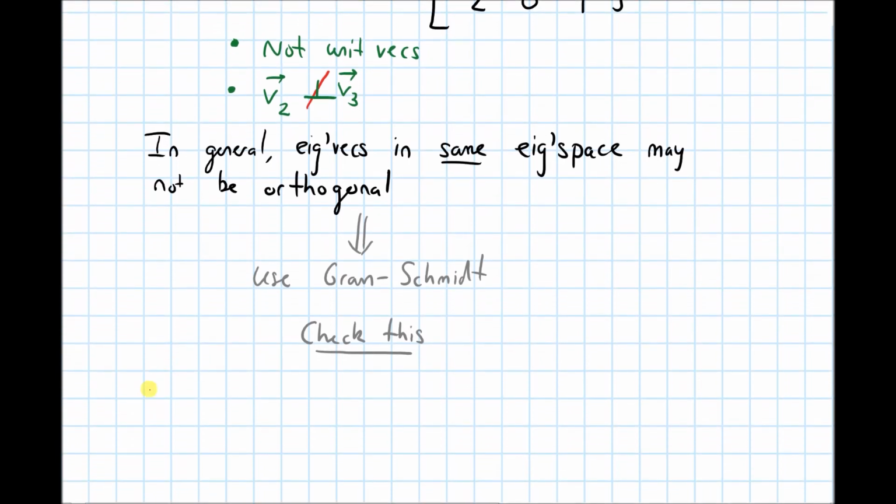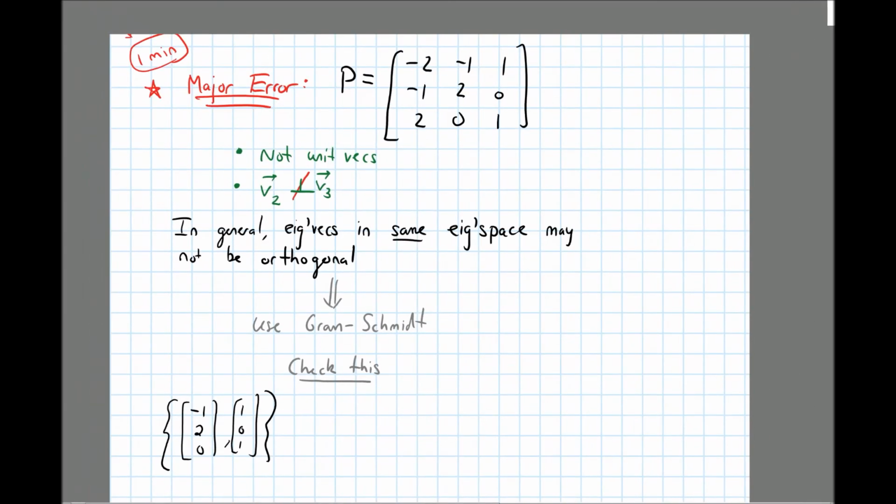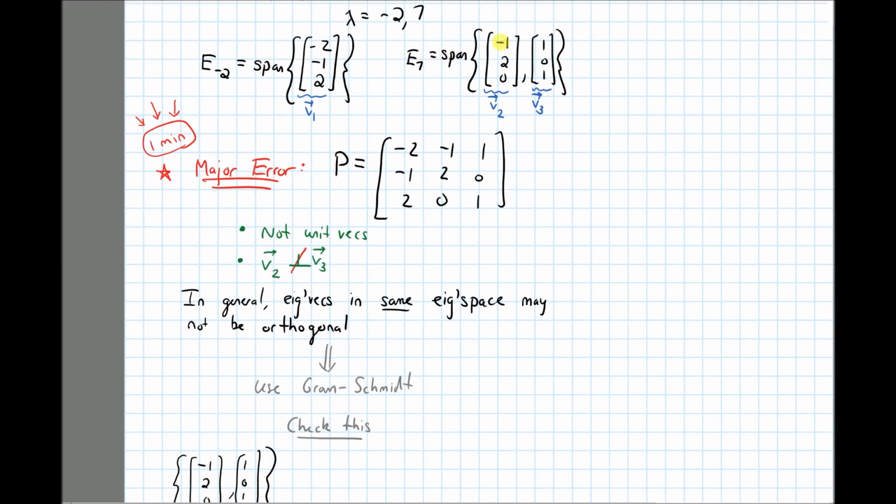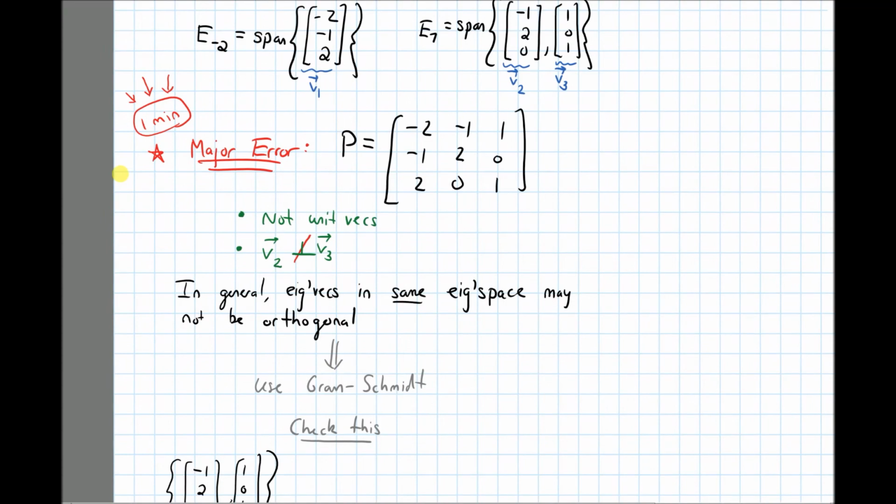Before we do Gram-Schmidt, the current eigenvectors that we have in that second eigenspace are -1, 2, 0, and 1, 0, 1. All right, let's zoom back in.